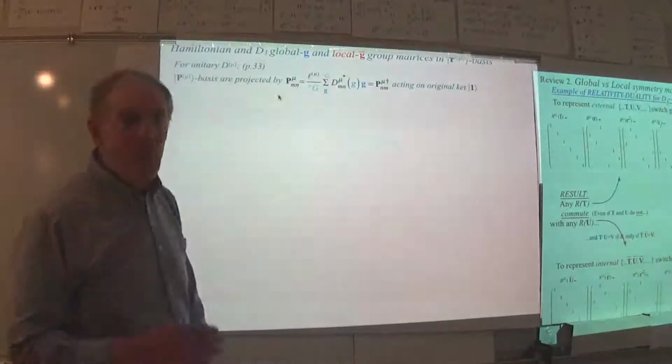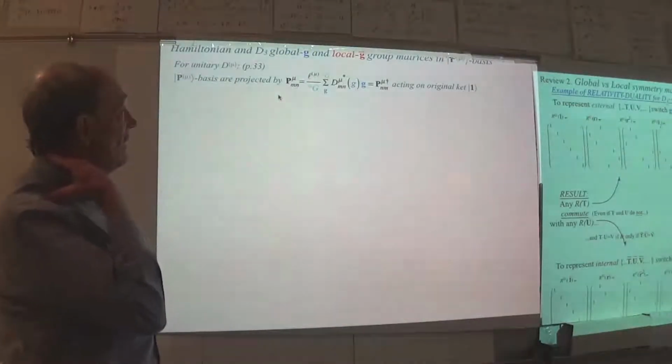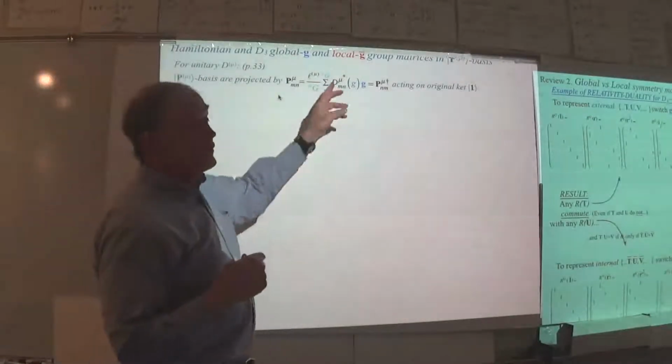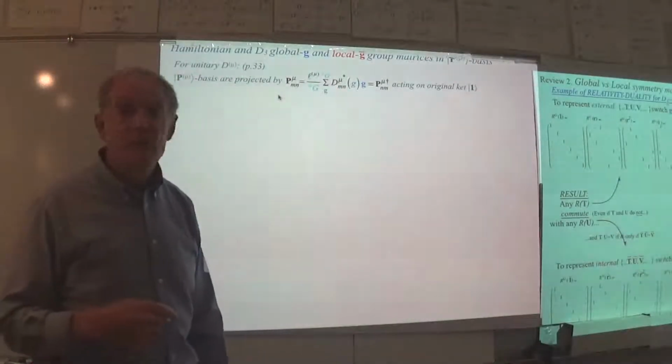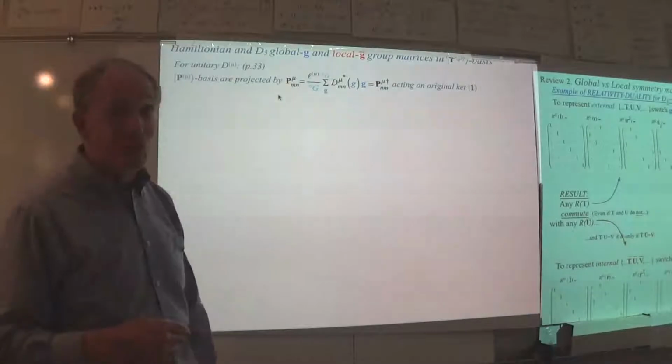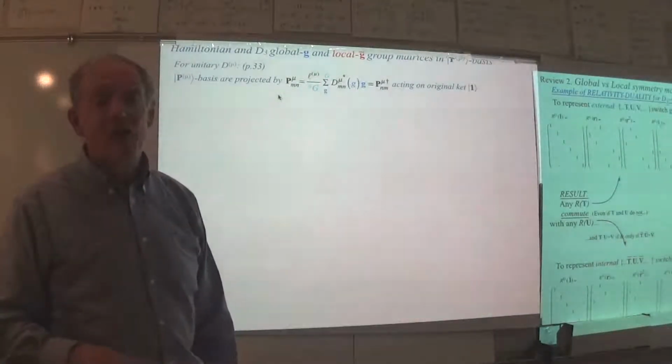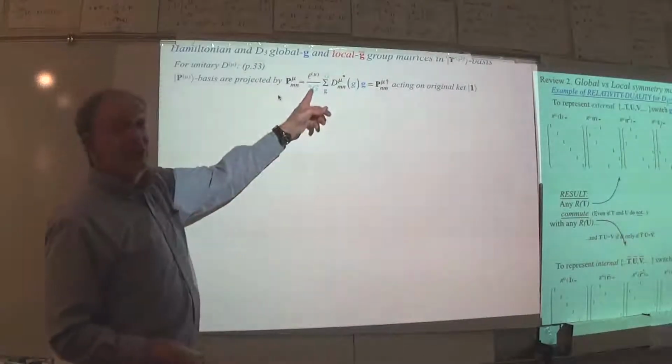Okay? So that state has this as its wave function, with the L over O of G in the case of a discrete one. We didn't have that problem with the R3 because the O of G is infinite.